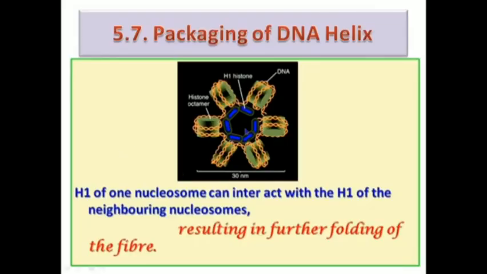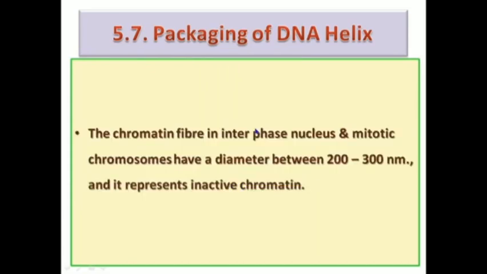H1 of one nucleosome can interact with the H1 of the neighboring nucleosome, resulting in further folding of the fiber. You can see in this picture how one nucleosome interacts with the other nucleosomes.